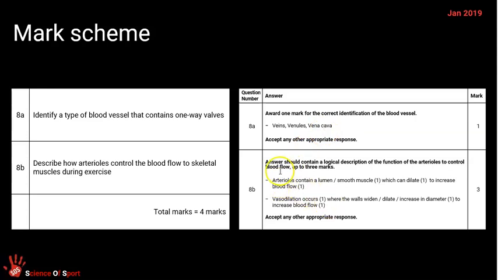And then here's the description of how arterioles control blood flow, this vascular shunt. So they've got smooth muscle in the wall that can dilate to increase flow, or because we want blood, this is asking you how does it allow blood to go to the muscles during exercise. So they can dilate to increase blood flow, and that's called vasodilation. So you're grabbing 3 marks out of those.